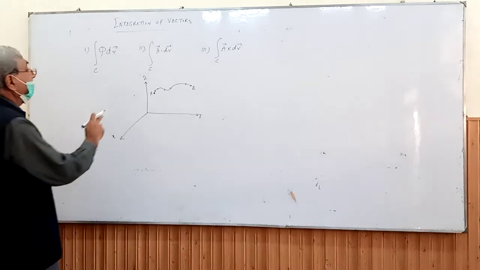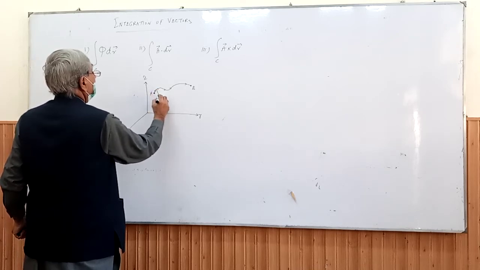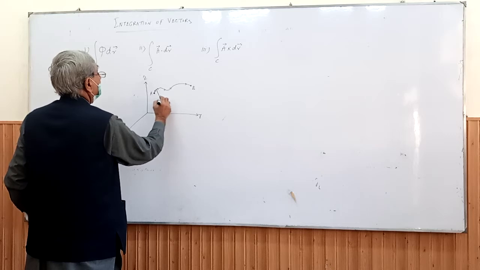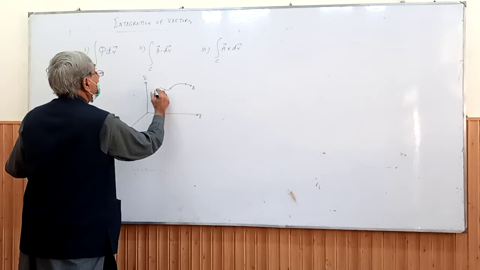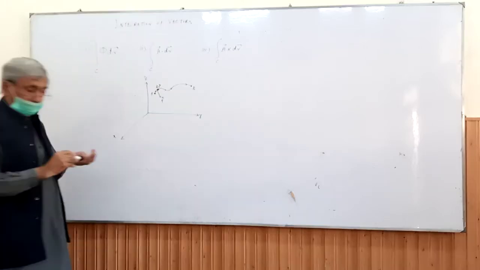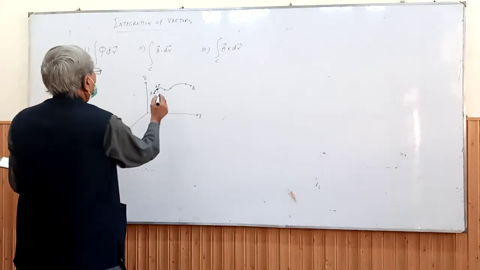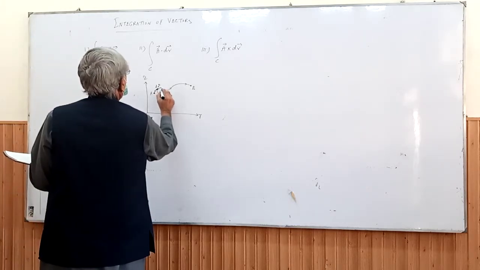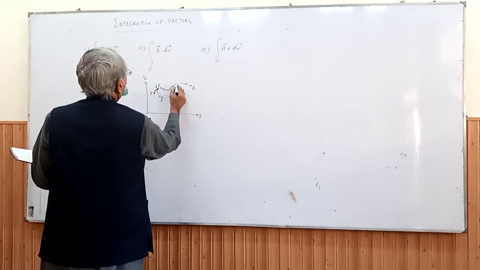Let's say that this particle moves under the influence of a force, and at this particular point, the force is F. And this F moves the particle through a distance dr. So F dot dr. Similarly, there could be a small F dot dr here, here, and here.